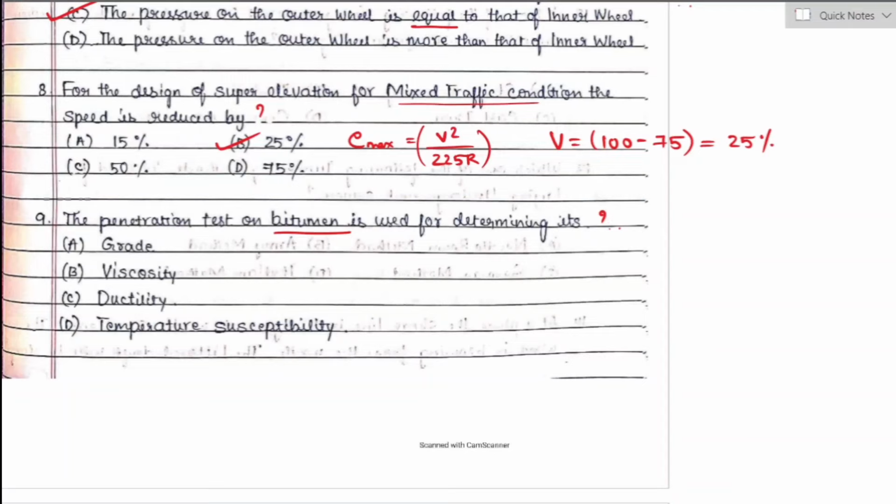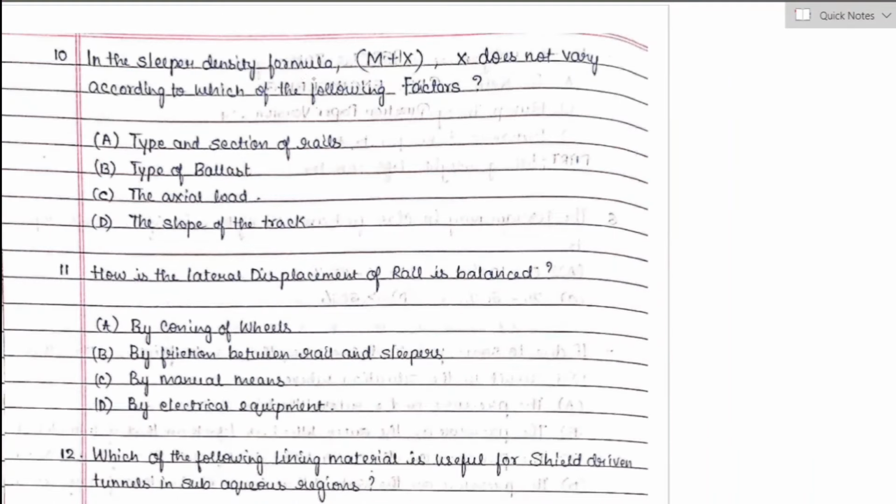So for example, the hardest grade of bitumen has a 30 to 40 penetration value, which means that it is only about 3 to 4 mm, taken in tenths of a millimeter. So the penetration test on bitumen represents its grade value. Option A is the right answer.